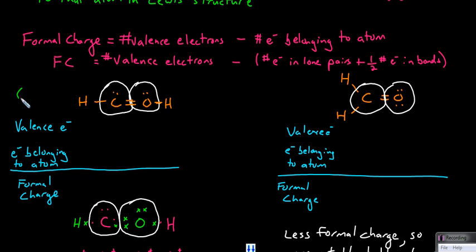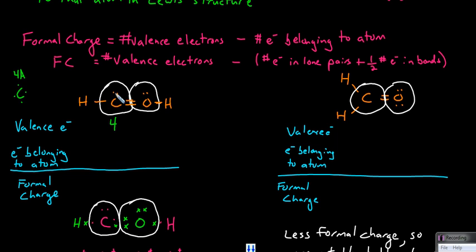You recall that the Lewis dot structure for carbon is the following. Carbon brings 4 valence electrons to the table because it's in group 4A on the periodic table. It brings 4 valence electrons, yet right now there are not 4 electrons belonging to it.